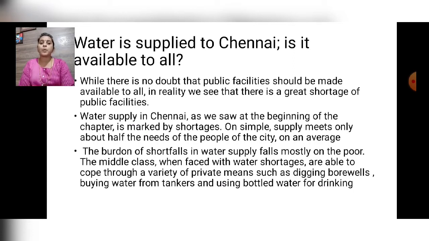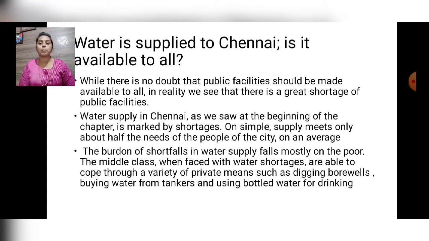The middle class, when faced with water shortages, are able to cope with a variety of private means, such as digging borewells or buying water from tankers and using bottled water for drinking. So middle class people, if they are facing any water shortage problem, can adjust with other means also.